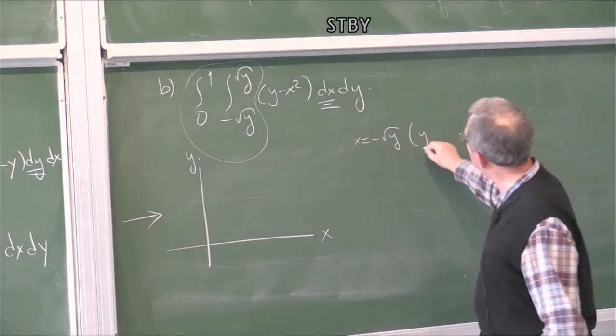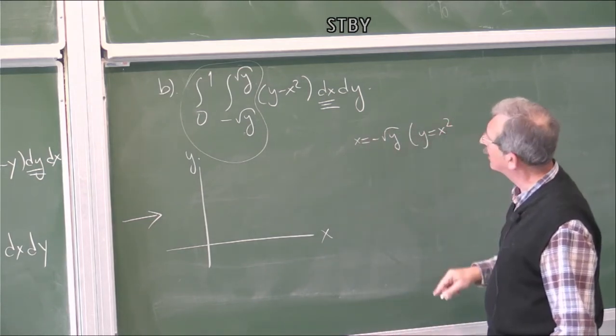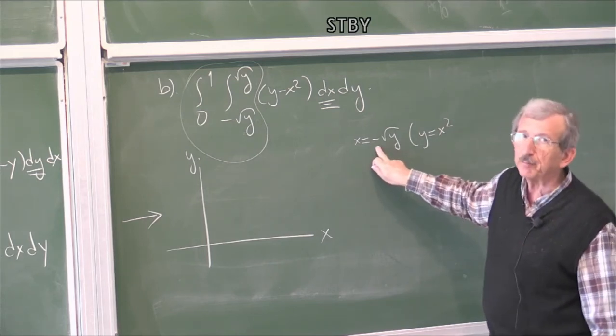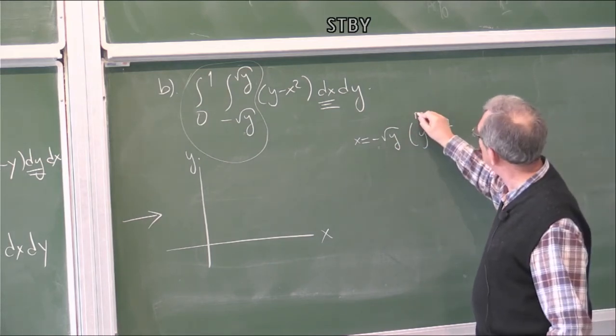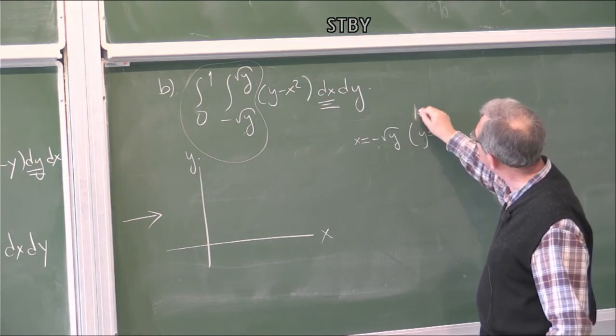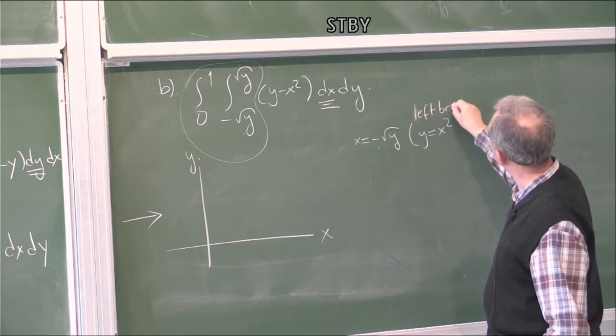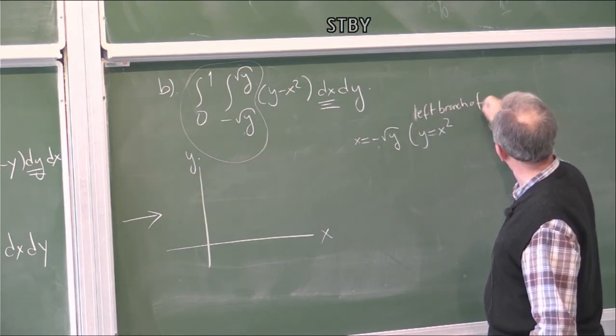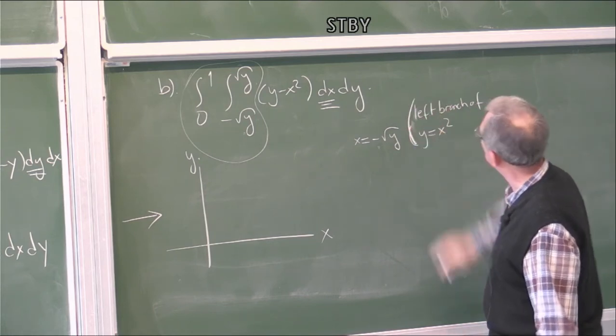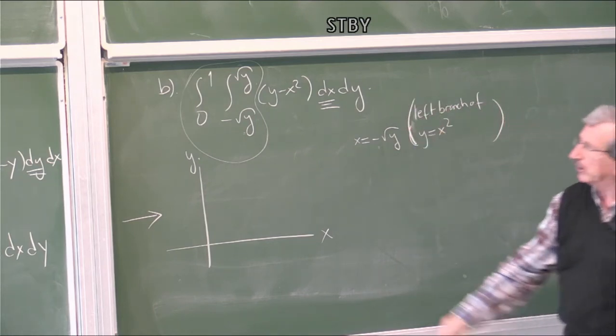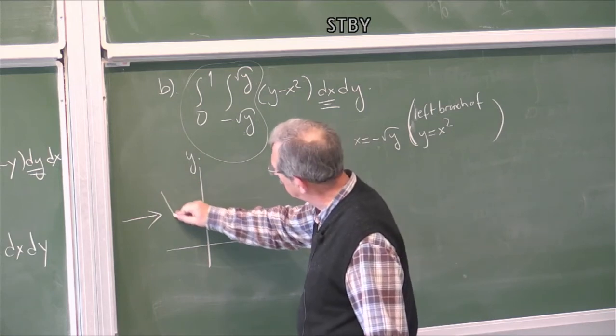Well, this is the same as y is x squared, but it's the negative branch. This is the negative or the left branch, the usual parabola. So it is this.